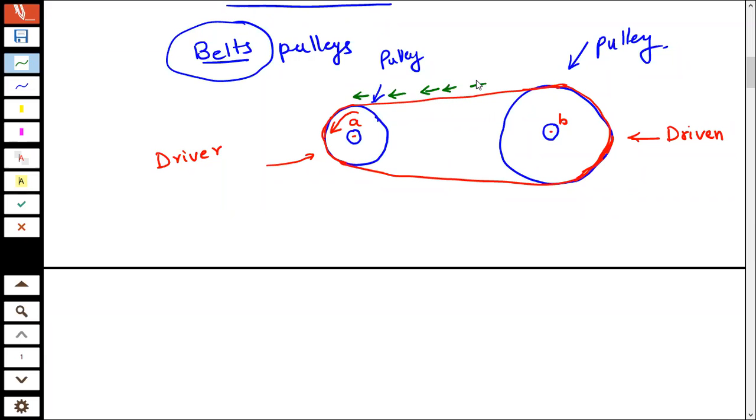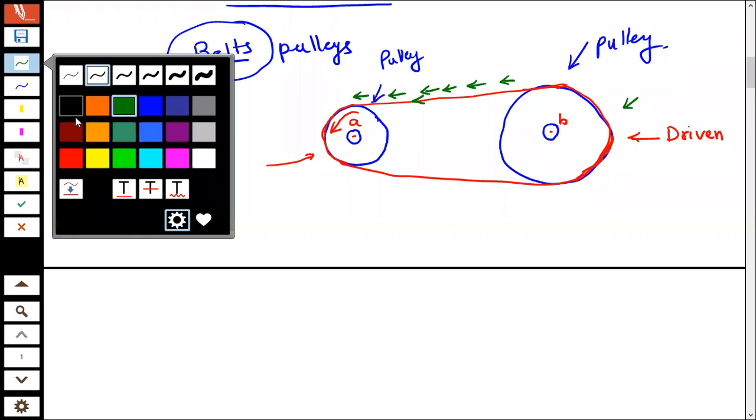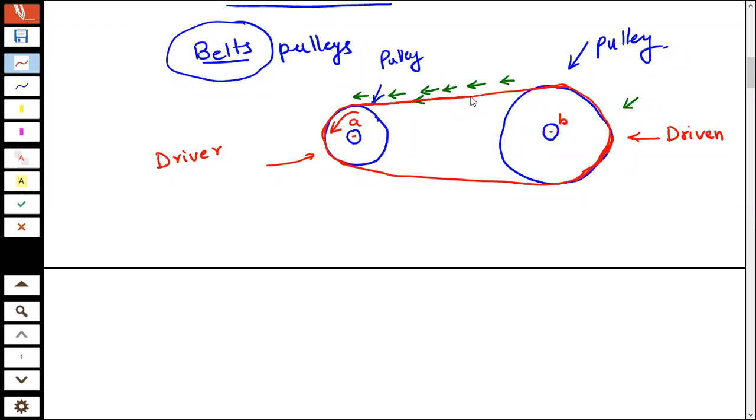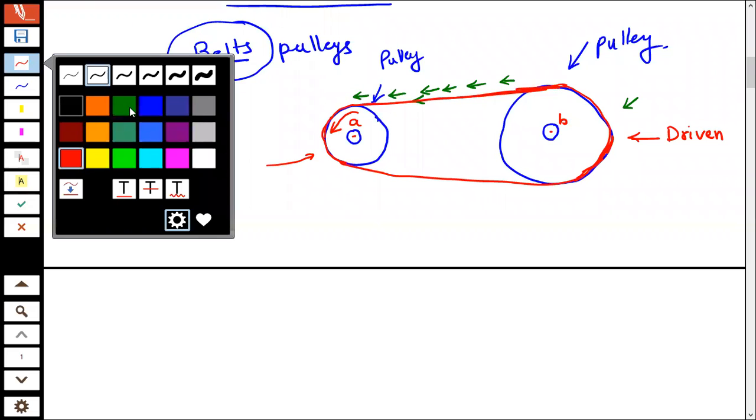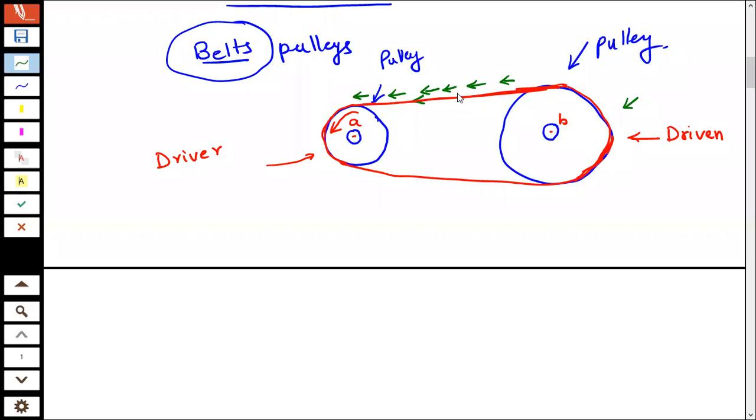But the pulley on this side is going to resist that. Therefore, there will be a pull generated in here, and there is going to be a tension. This will become very, very straight. And this belt over here is going to become very straight. By very straight, I mean that it is going to become very, very tight. And let's say that the tension on this side is F1. That tight tension is F1.